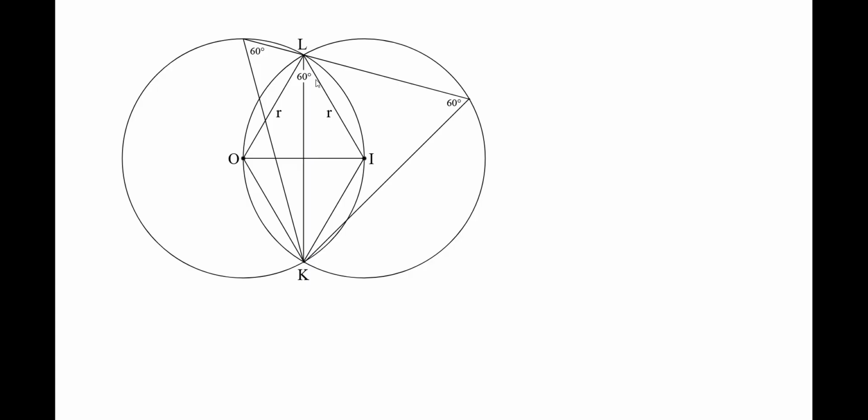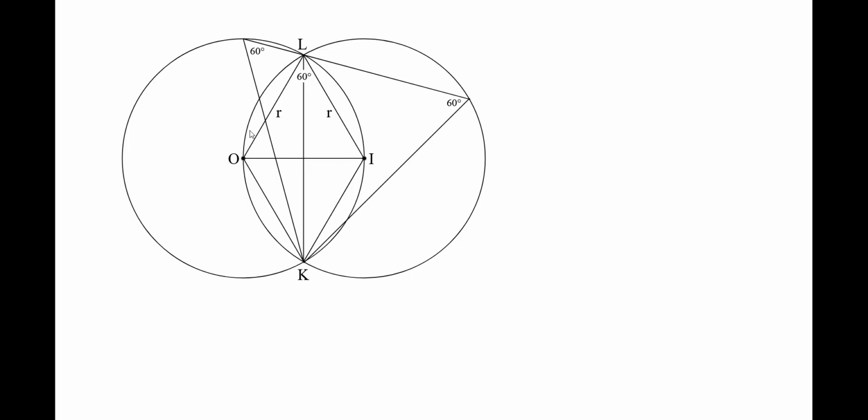So first, this is the radius of this circle, and this is the radius of this circle. One of them is the incircle. This is the incircle, and this is the circle we're talking about. So this is R, and this is also R, obviously, because OI is just the radius of both circles. And this is also R, obviously.